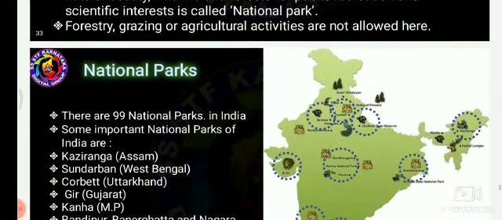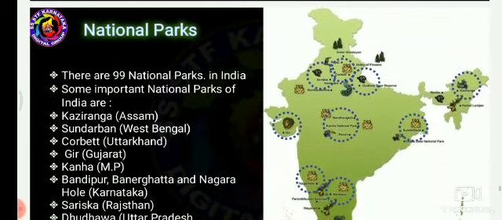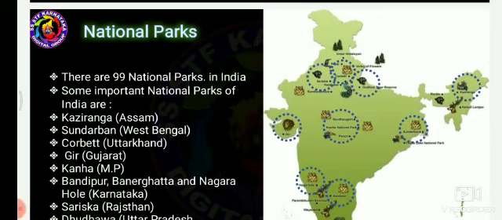Important national parks. The first national park in India is Jim Corbett National Park, first in Uttar Pradesh, now in Uttarakhand. In the world, the first national park is Yellowstone, in 1872. There are 99 national parks in India.